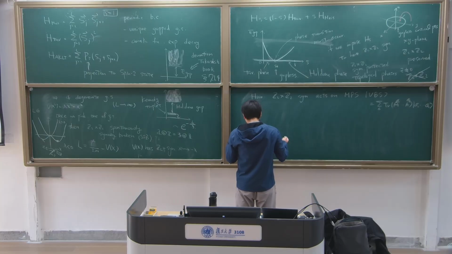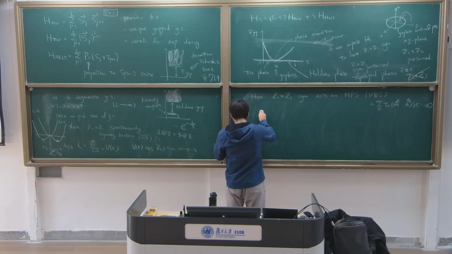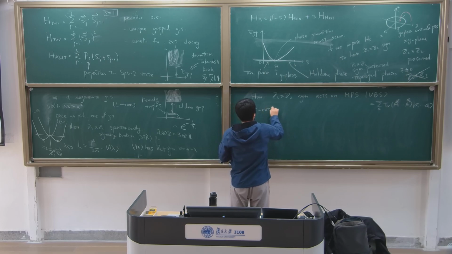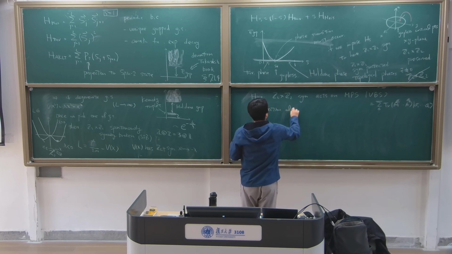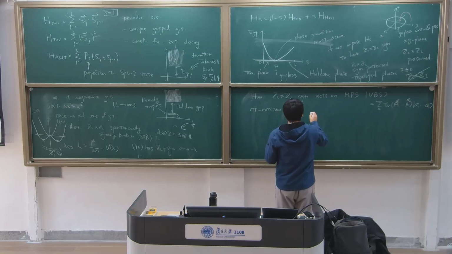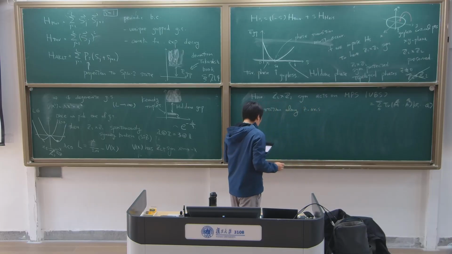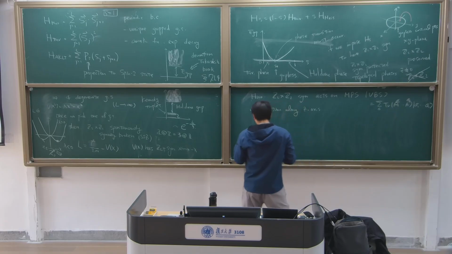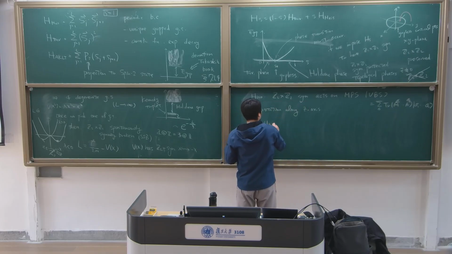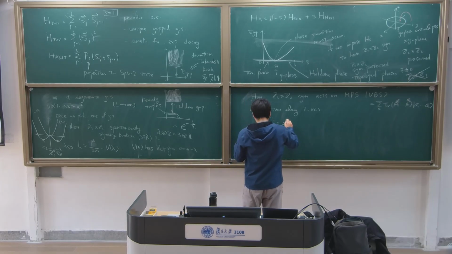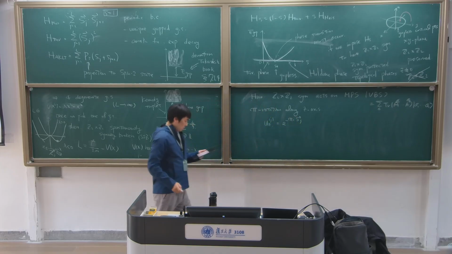Okay, so then suppose a pi rotation. Let's consider a pi rotation along the axis. Then U_z of j is exponential of minus i pi S_z of j.